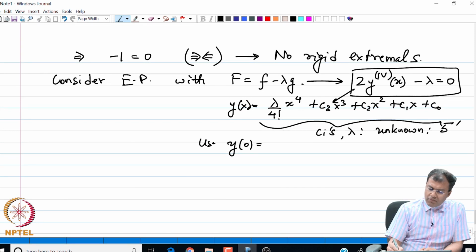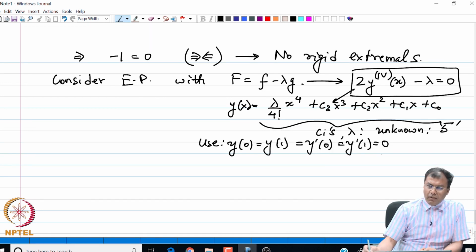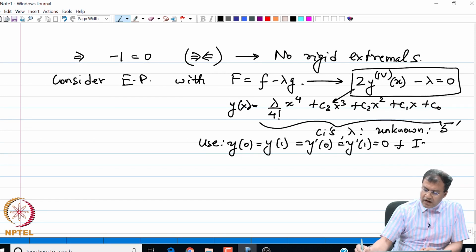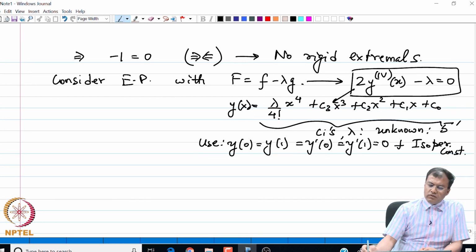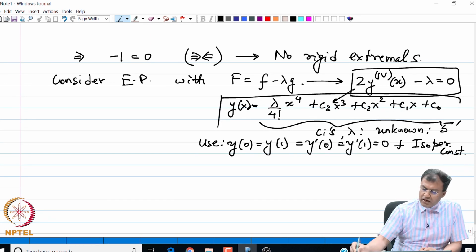But we also have the boundary conditions. We use these: y of 0 is y of 1 is y prime 0 is equal to y prime 1 is equal to 0. So, we have 4 boundary conditions plus the isoperimetric constraint, that makes it 5 conditions for 5 unknowns, and hence this system is fully determinable.